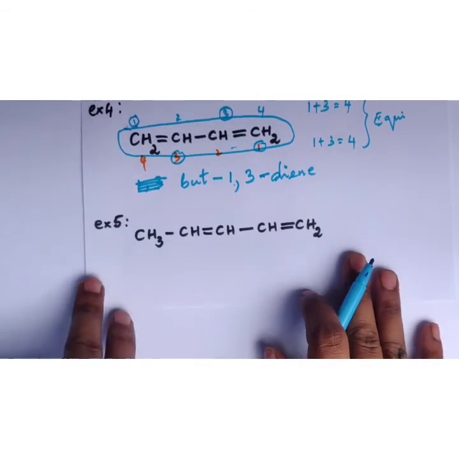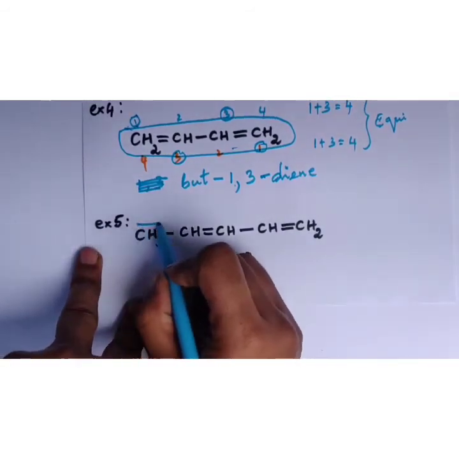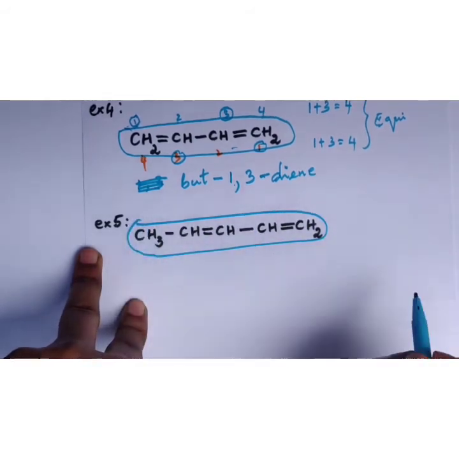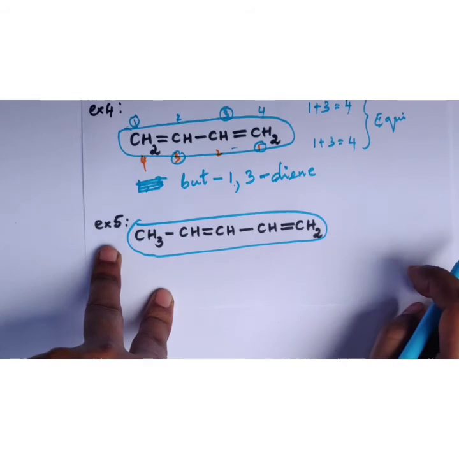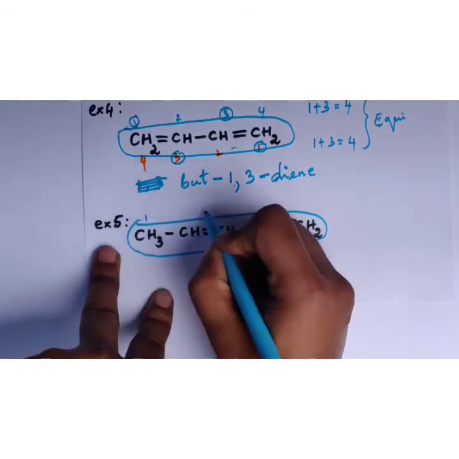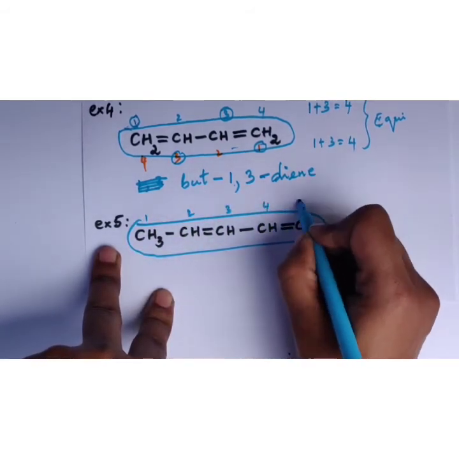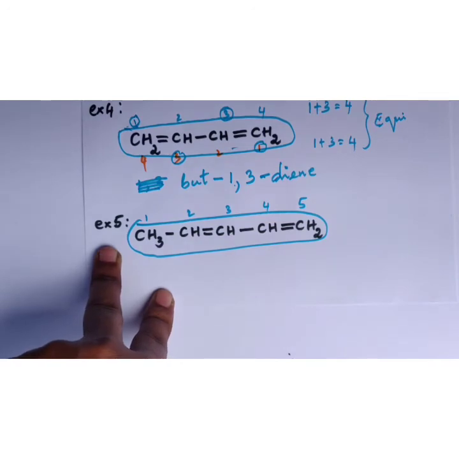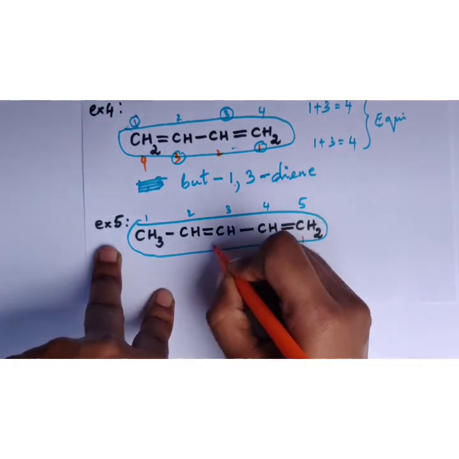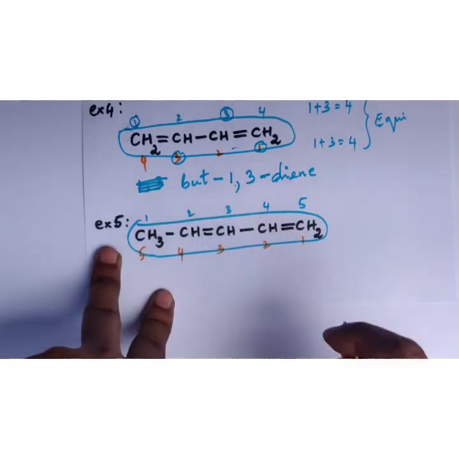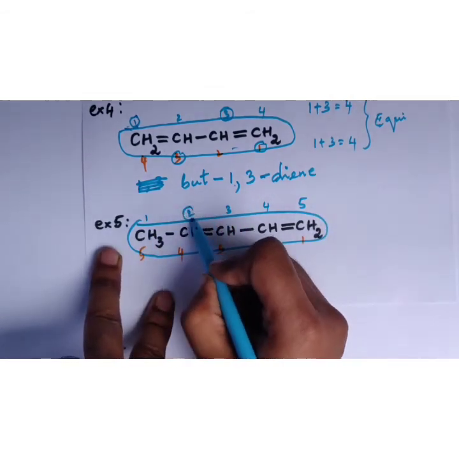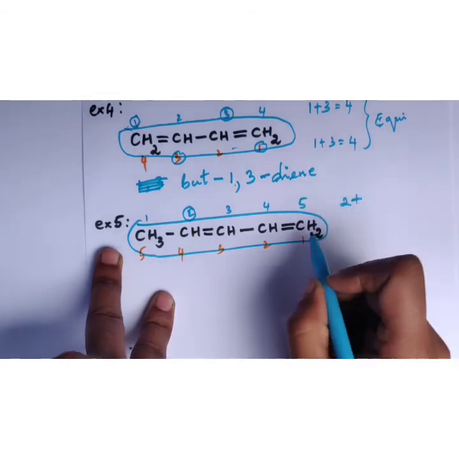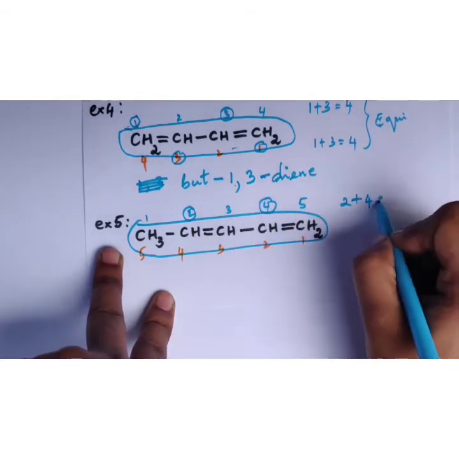Example 5. Select the parent chain. Now 2 double bonds are there. You have to see whether it is equivalent or non-equivalent. So 1, 2, 3, 4, 5. And from the other side, if you number it, 1, 2, 3, 4 and 5. Here, whatever the total, it is 2 plus 4, so it is 6.